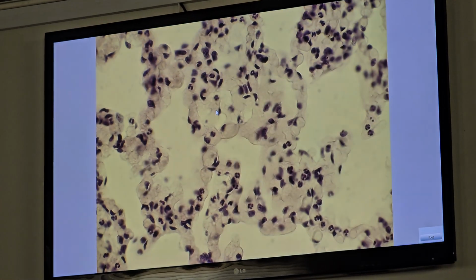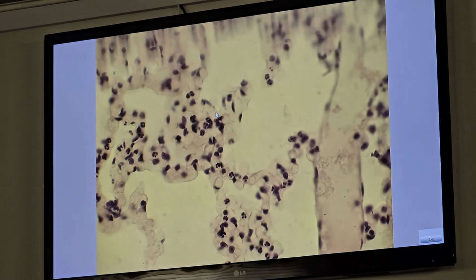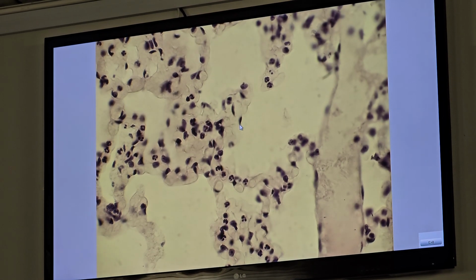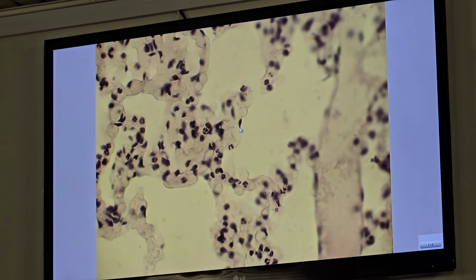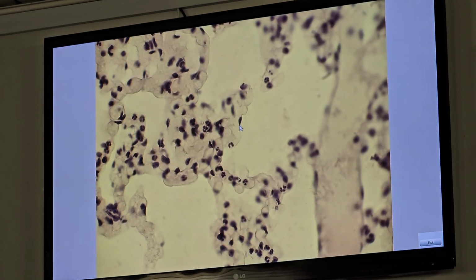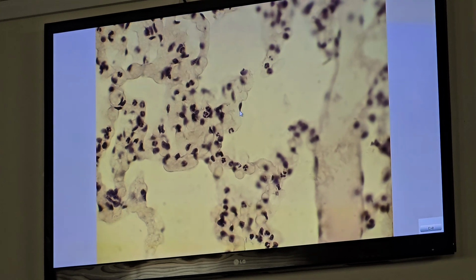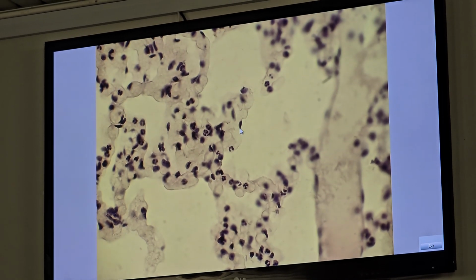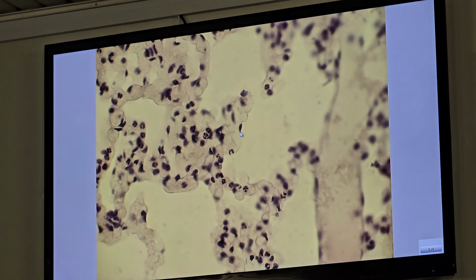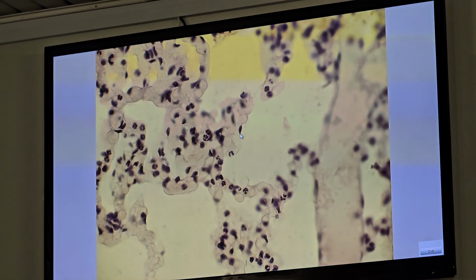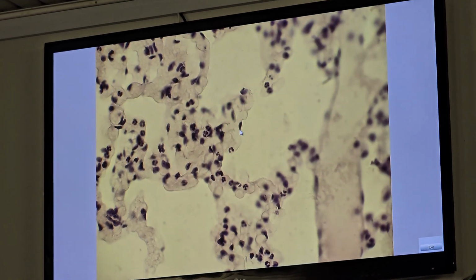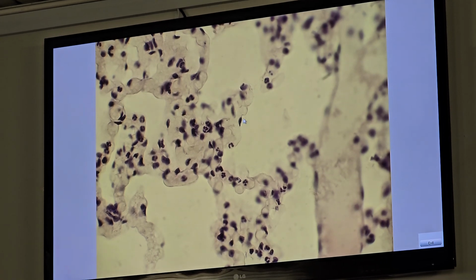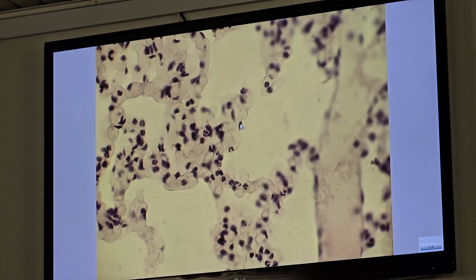At higher magnification, we will examine 3 types of cells. At the tip of the pointer, we can see the flattened nucleus of type 1 alveolar cell, which is simple squamous epithelium. Type 1 alveolar cell accounts for 95%.